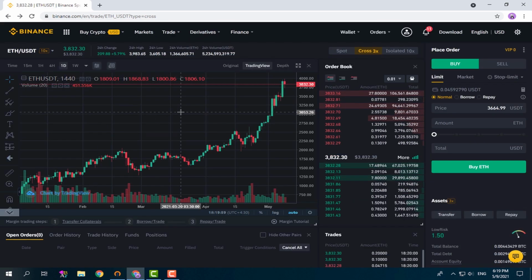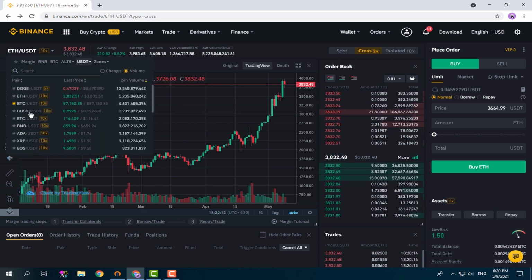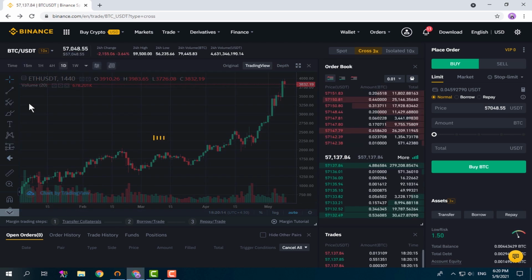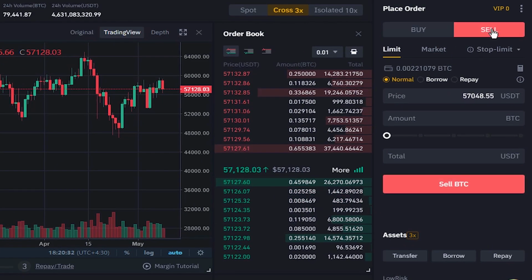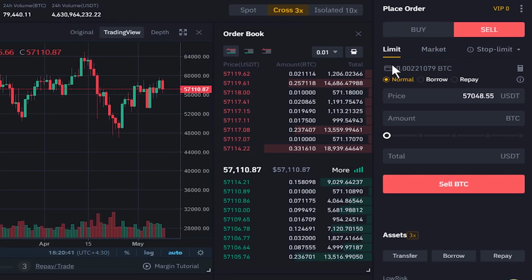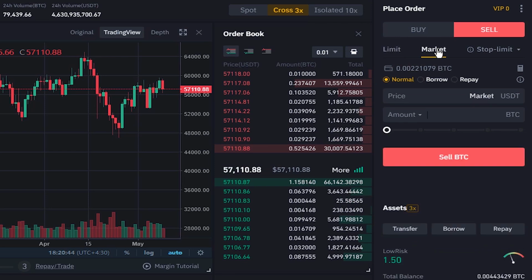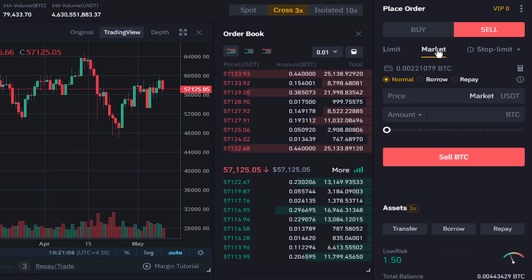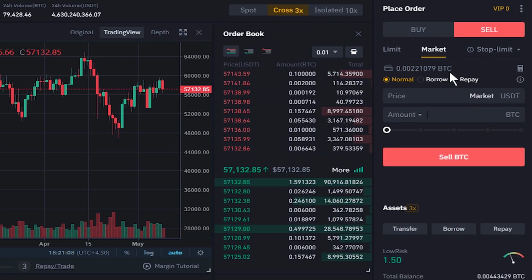Alright, now consider that the price advanced and reached the point that we expected, and we want to sell our coins and repay our debts. First, let's select BTC USDT, here it is. We go to the Sell tab and we want to sell our BTC with a market order. Pay attention that one way is to select the repay options here.